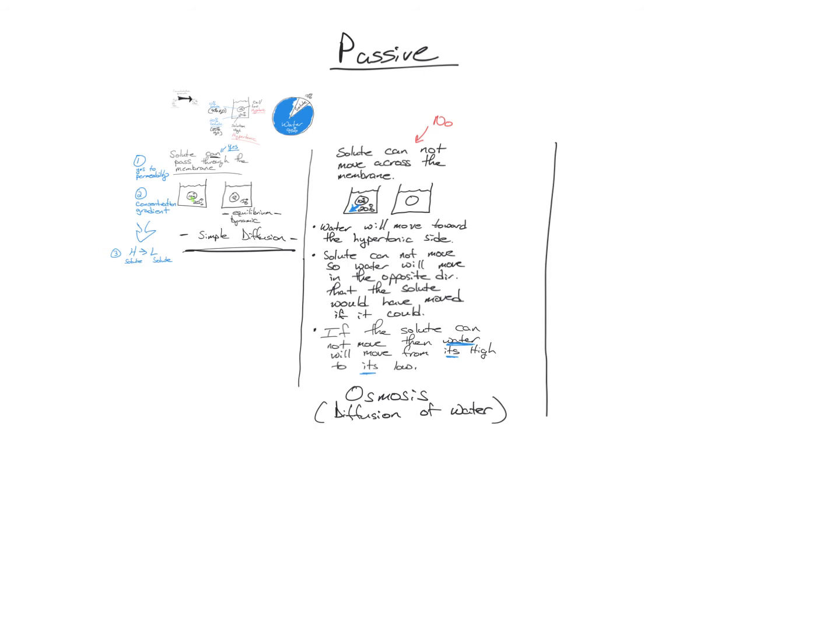And then the last passive one is this thing called facilitated diffusion. And there's only one simple reason why facilitated diffusion could be a problem for you on a test.